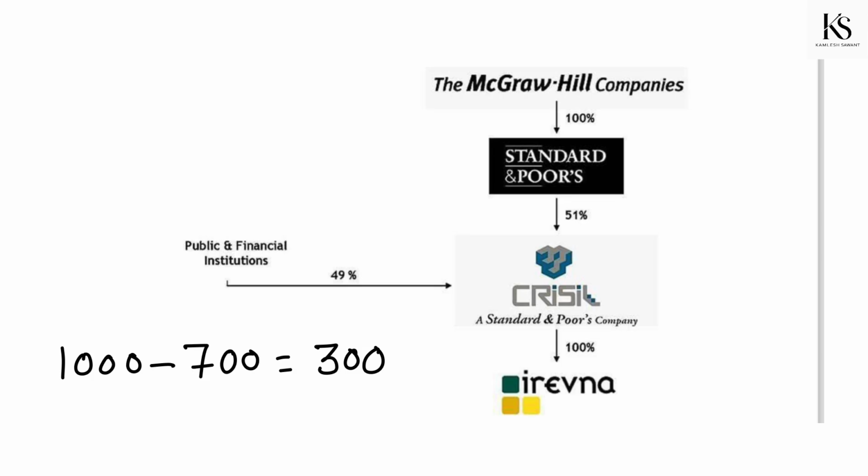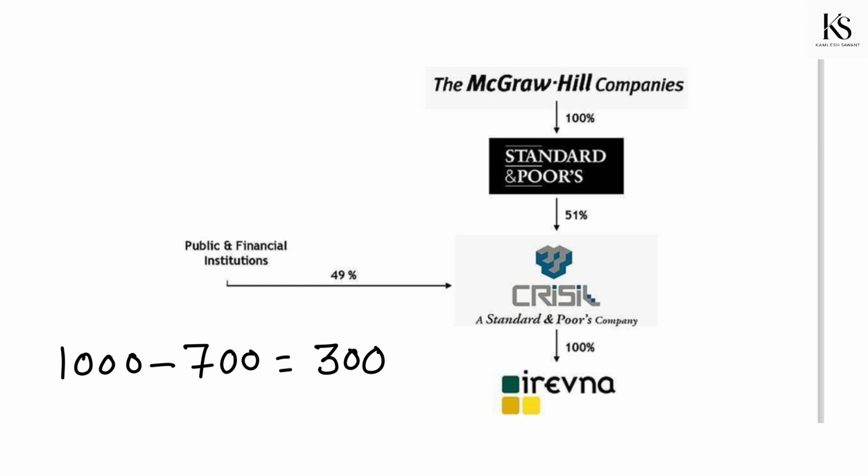CRISIL on its own made a loss of 1000 crore rupees, but its subsidiary Irevna made a profit of 700 crores. Hence, the overall P&L of CRISIL is a loss of 300 crores. Thanks to its subsidiary, CRISIL's loss is reduced to 300 crores as opposed to a massive loss of 1000 crores.